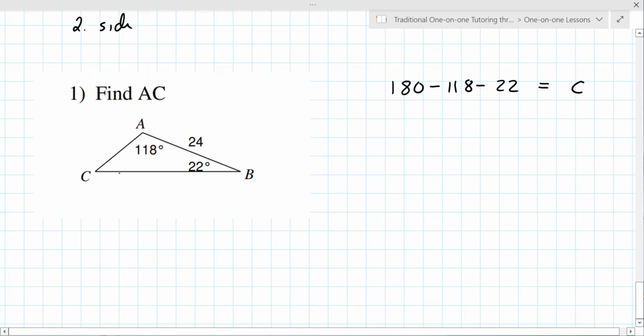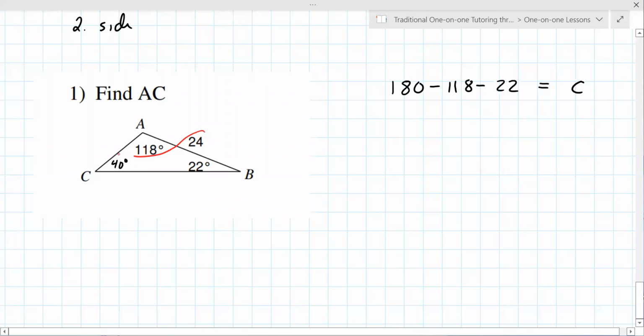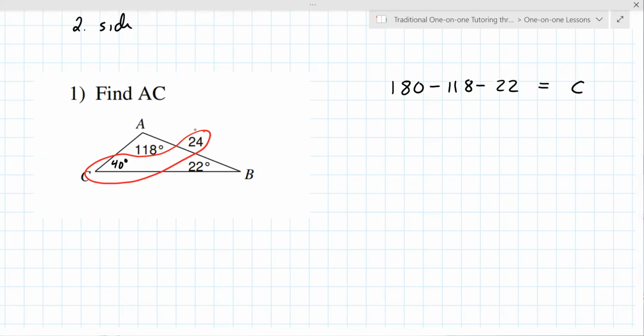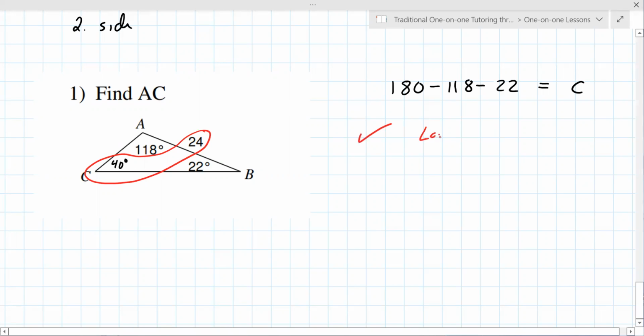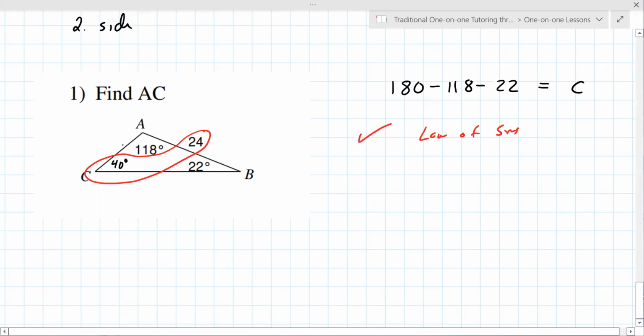It looks like it's 40 degrees. So now we have a side angle pair. Do you agree with that? The angle and the side across from it, do you see that? Yes. Okay, so that's our checkbox: we can use the law of sines. My preference is to always put the thing you're trying to find, which in this case is AC, so I'll call it little b, in the top left.